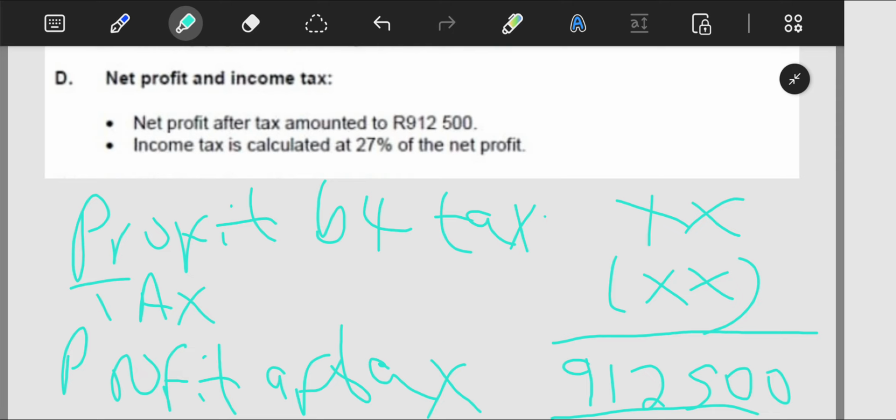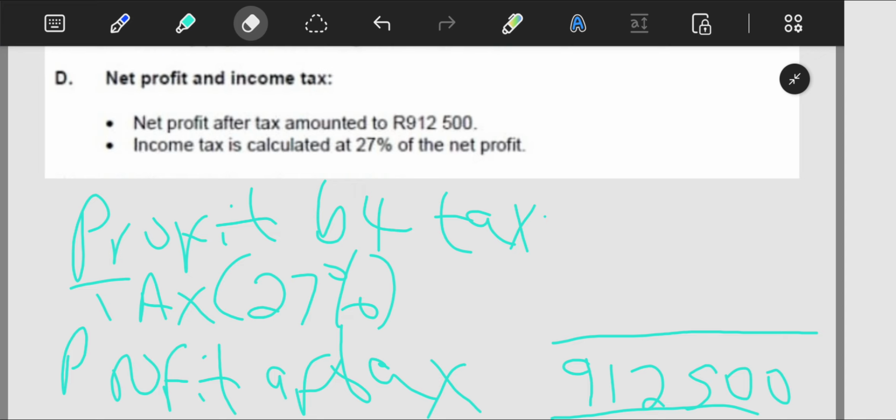And we know this tax is 27% of this, meaning that this is 100%.